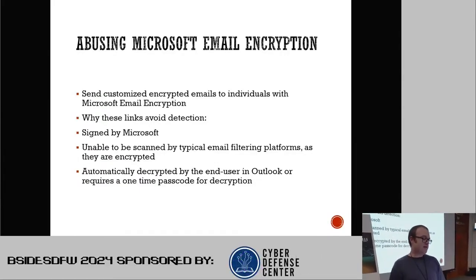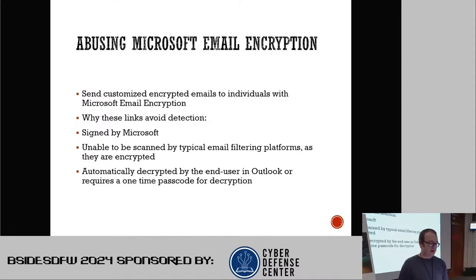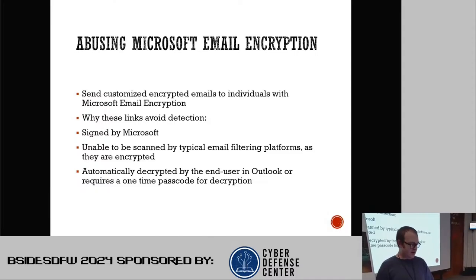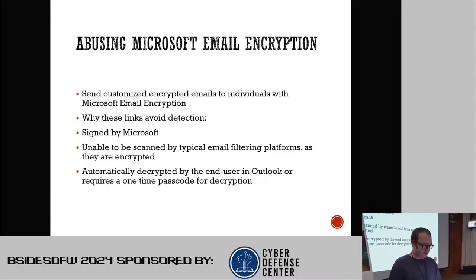Another variant of that method is using email encryption. As I mentioned, something like Zixmail or even the built-in Microsoft encryption. We've seen attackers, after a business email compromise, send out encrypted emails individually to people with malicious attachments or Evilginx landing pages. Why does this work? Because it's all signed by Microsoft.